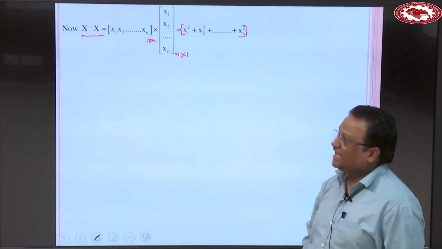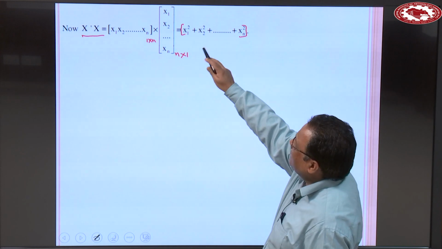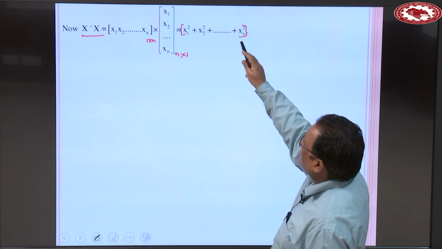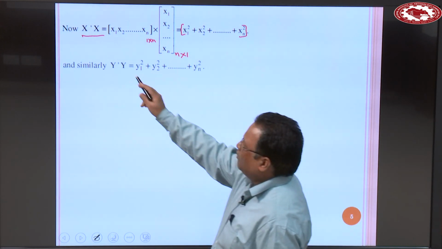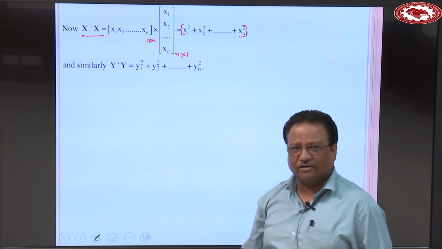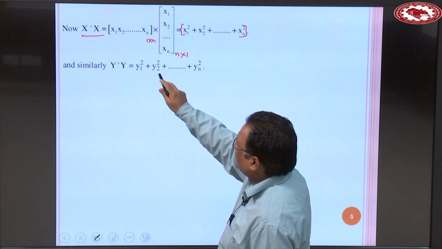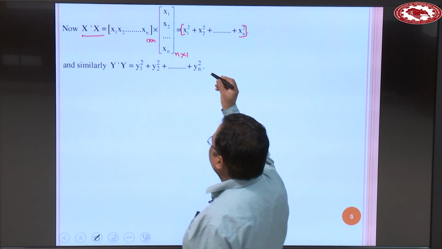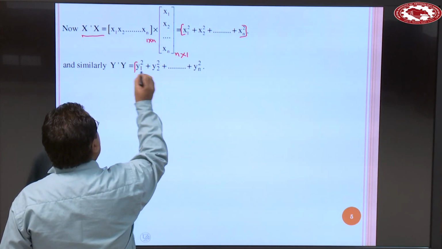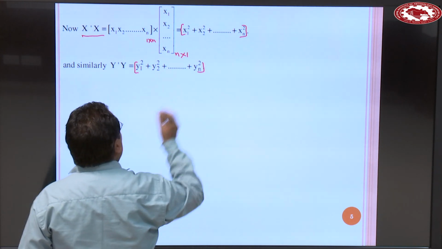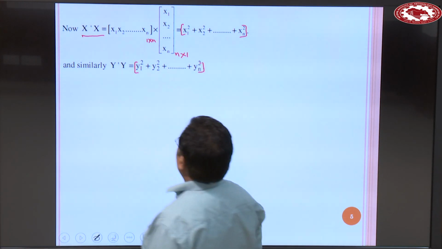So x dash x is equal to x1 square plus x2 square plus and so on plus xn square. Similarly, y dash y is y1 square plus y2 square plus and so on plus yn square. This means this one is a matrix having a single row and a single column.